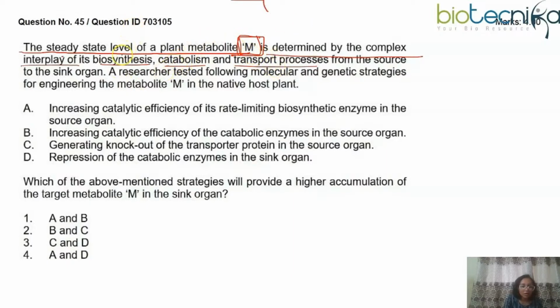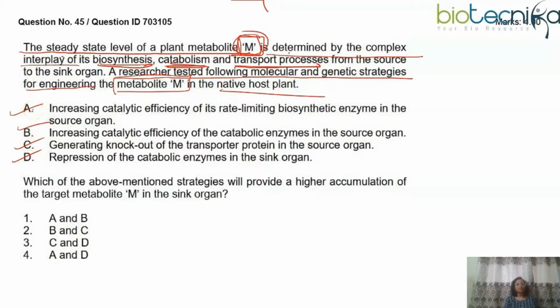It is dependent on biosynthesis of M, how and at what rate it is synthesized, catabolism of M, the rate at which it is broken down, and transport processes, the rate at which it is transported from source to sink. Now, a researcher tested the following molecular and genetic strategies for engineering the metabolite M in the native host plant. These 4 approaches are given.